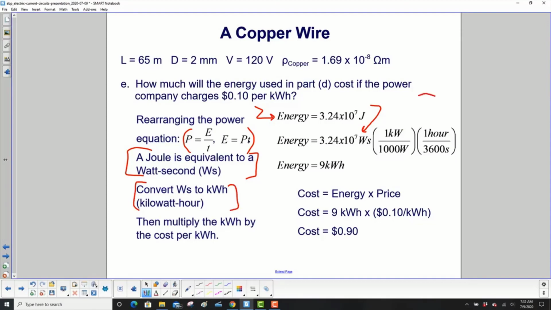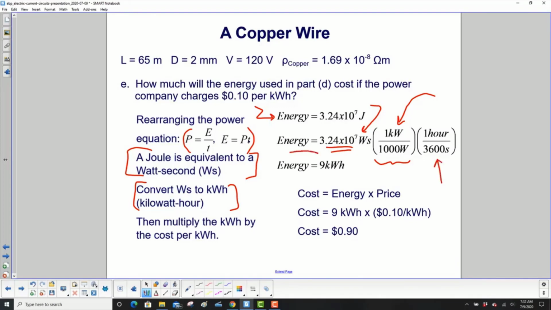So unit conversion over here: 1 kilowatt is 1,000 watts. So this term here is equal to 1, so we can easily multiply this by 1 and not change anything. And then we need to get hours. This is kind of backwards. Normally we go the other way in physics problems, but now we're doing power company stuff. 1 hour is 3,600 seconds.